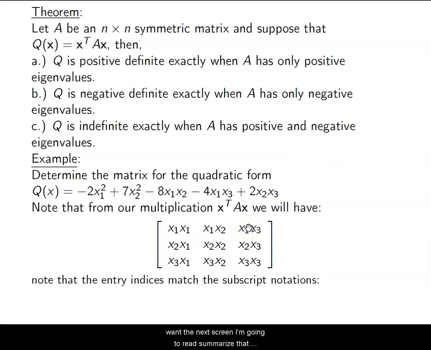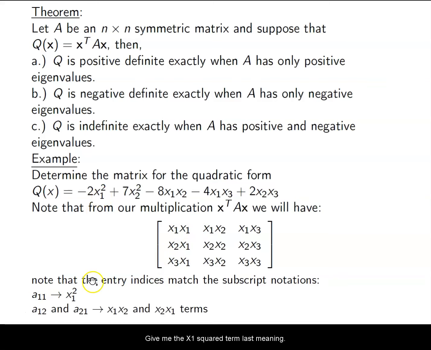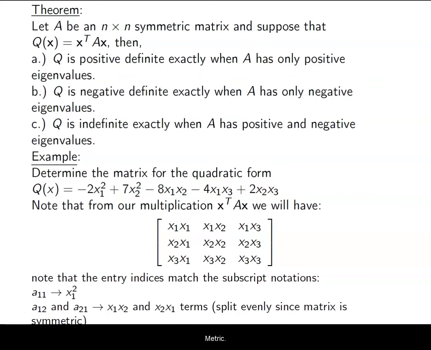Okay, so I'm going to move on to the next screen. I'm going to re-summarize that in words, and then we'll show our answer, right? So A11, the indices for that first term, give me the x1 squared term, so that has to be -2. A12 and A21 refer to x1 x2 and x2 x1 terms, and they're going to split evenly since my matrix is symmetric.